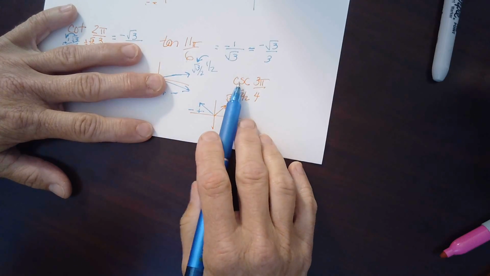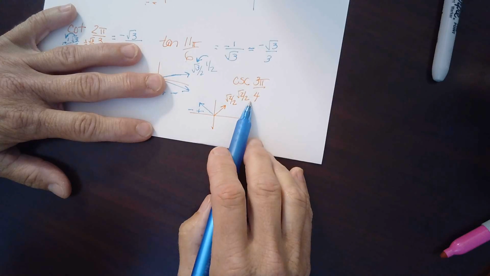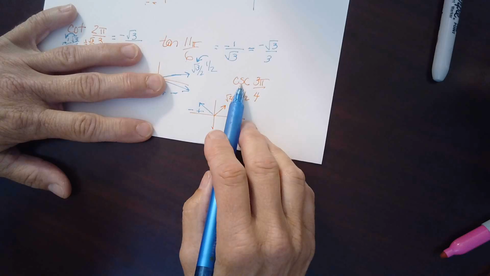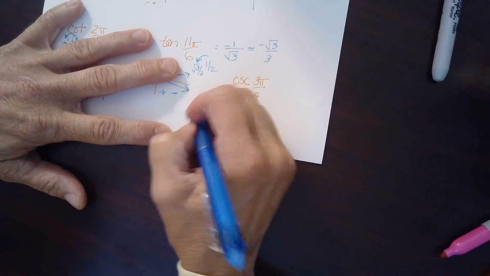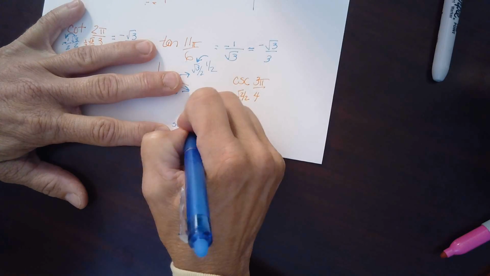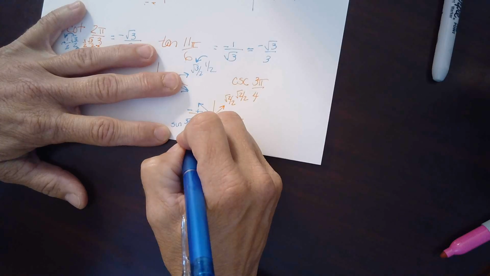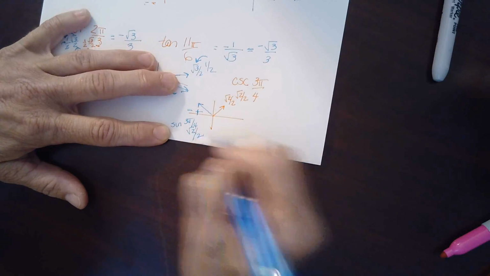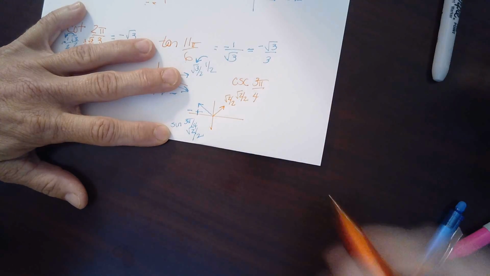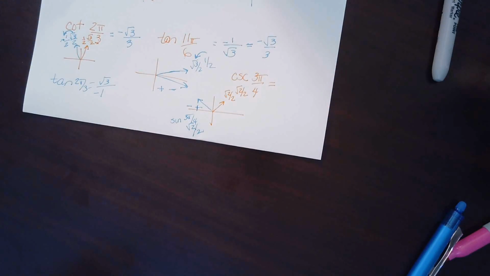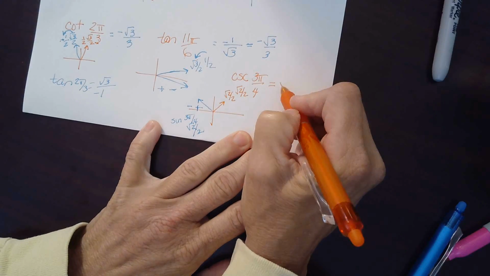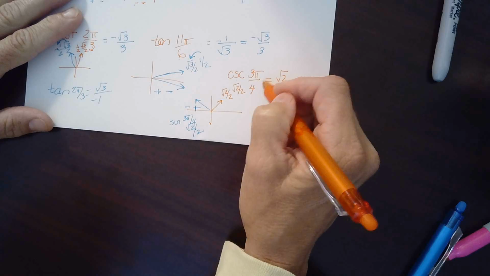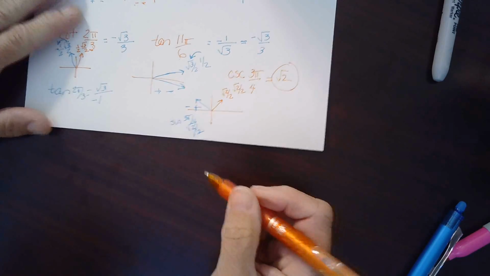I'm wanting the value of cosecant of 3 pi over 4, which means I need to identify sine of 3 pi over 4. So sine of 3 pi over 4 will equal the square root of 2 over 2, positive. So cosecant of 3 pi over 4 will be the reciprocal of that, which will be the square root of 2. So cosecant of 3 pi over 4 is square root of 2.